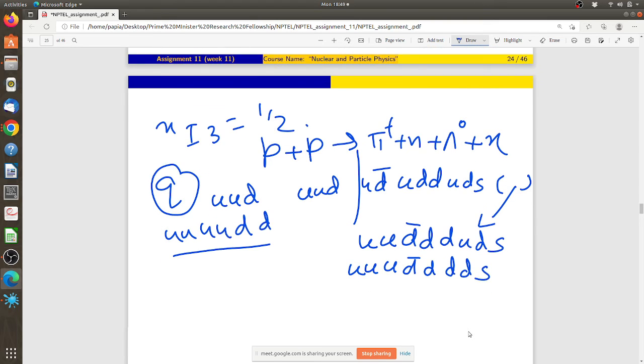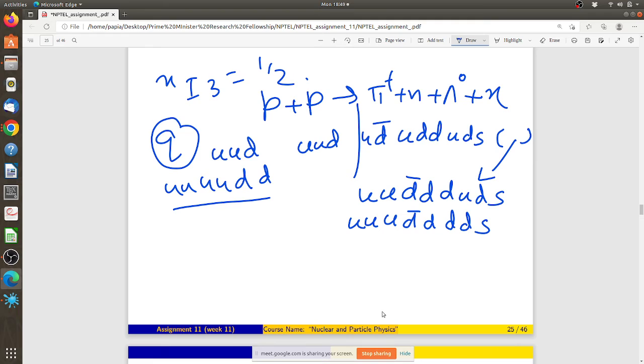Okay, I am writing that. Just have a look at this. See here in the left hand side, what was there? UDD. I think you have done this correctly, because UUD was there, so UDD. Now coming to the right hand part, just compare these things. There are 4 u, but here only 3 u is there, so one extra u is needed.